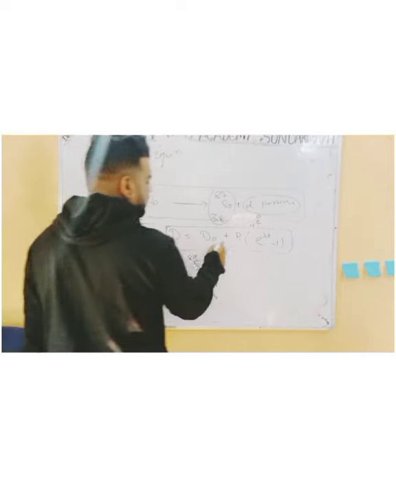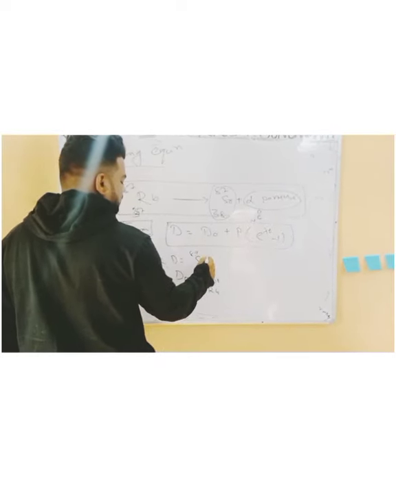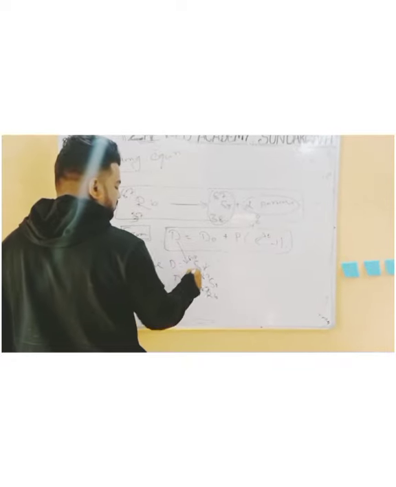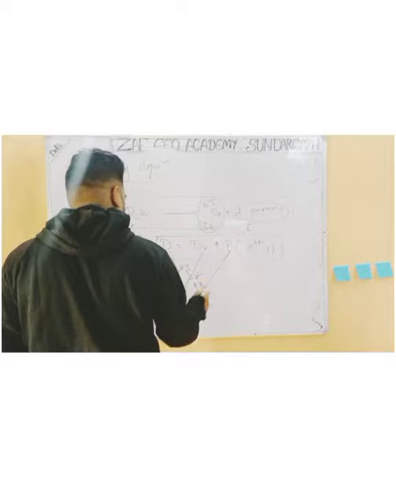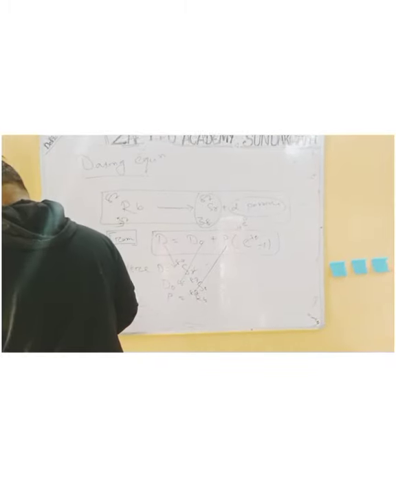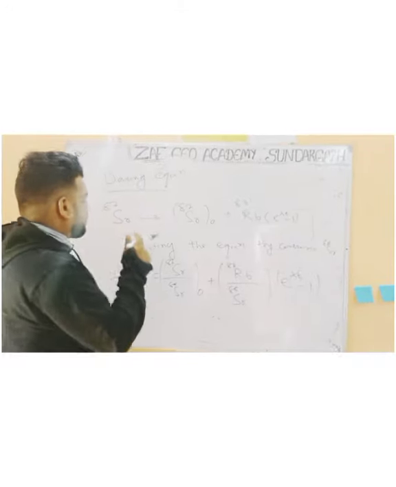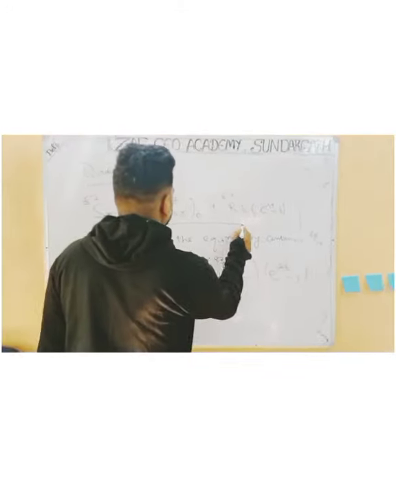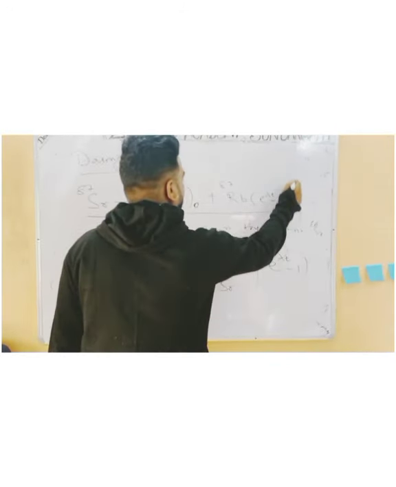D is equal to D naught plus N times e to the power lambda t minus 1. Here D is strontium-87, D naught is the initial strontium-87, and N is rubidium-87.